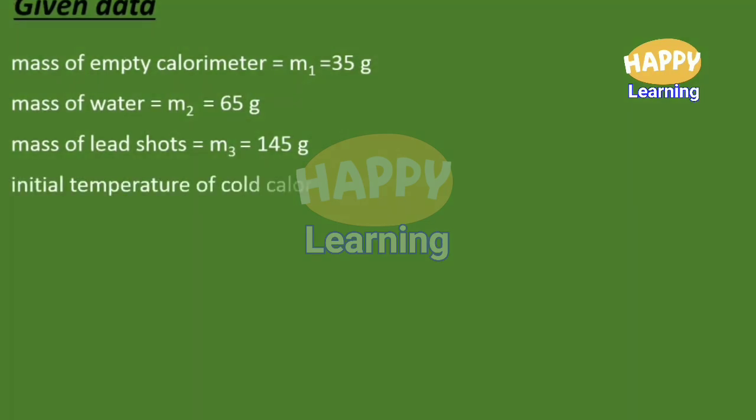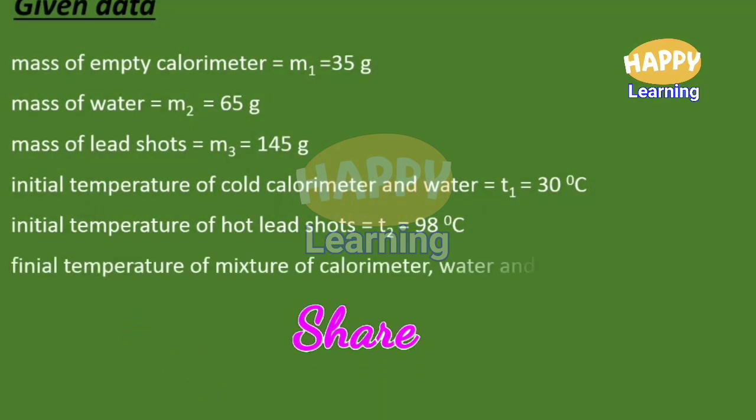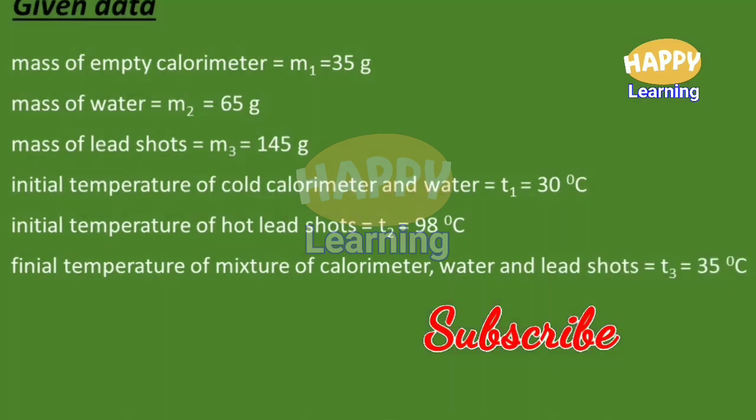Initial temperature of cold calorimeter and also cold water is T1 and is equal to 30 degrees Celsius. Initial temperature of hot lead shots is T2 and is equal to 98 degrees Celsius. Final temperature of mixture of calorimeter, water and lead shots is T3 and is equal to 35 degrees Celsius.